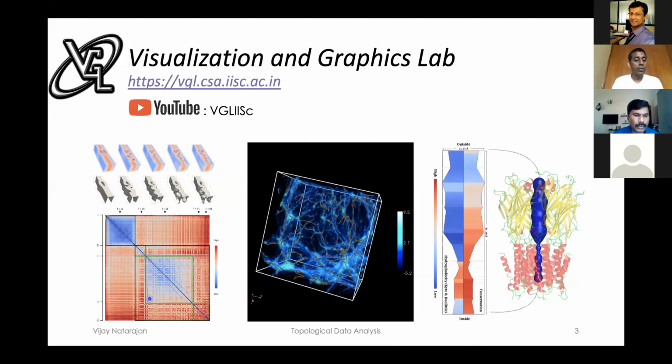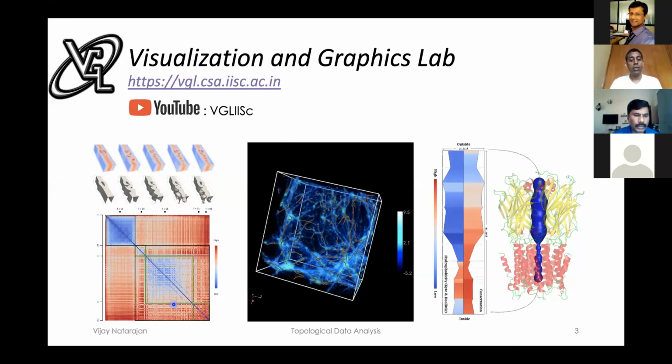In another project, we are interested in visualizing time-varying phenomena, such as fluids moving, such as data from computational fluid dynamics, where we are interested in understanding the different intervals that define interesting events in a time-varying phenomenon. So these are just sample projects.